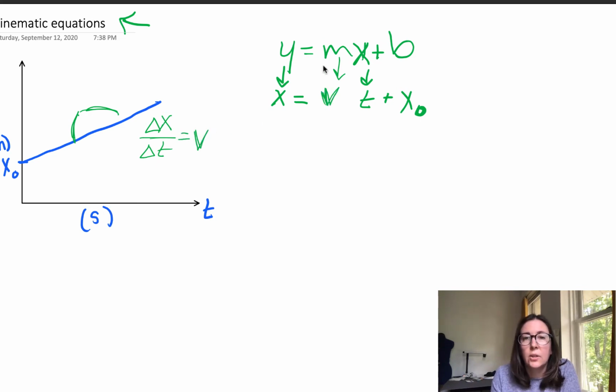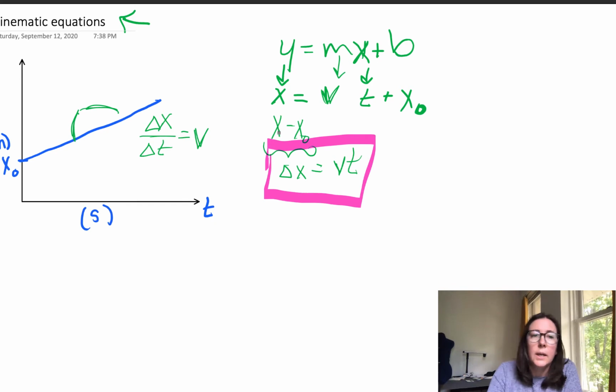So from this whole thing, we've really only gotten this idea that the change in position, or the displacement, x minus x naught, or delta x, is the velocity times the time. That's nothing new. That's basically what we got here. I'm going to highlight this because it's important.